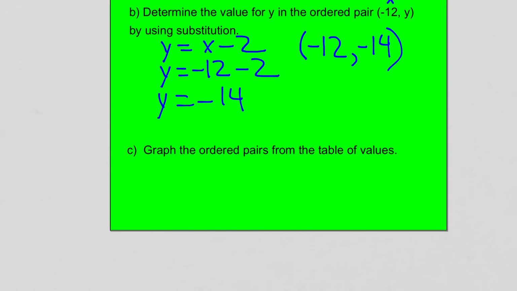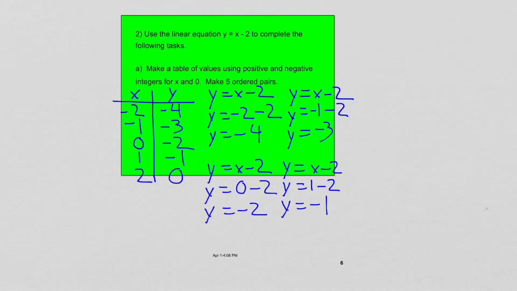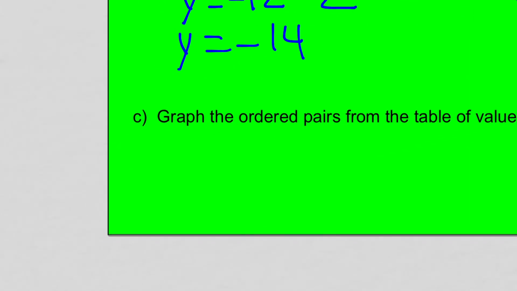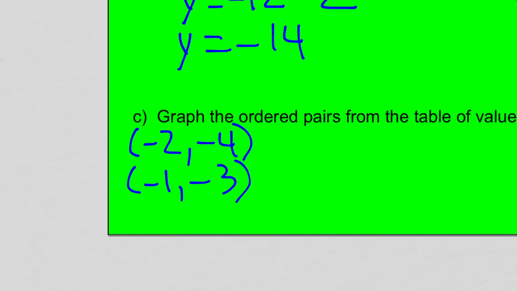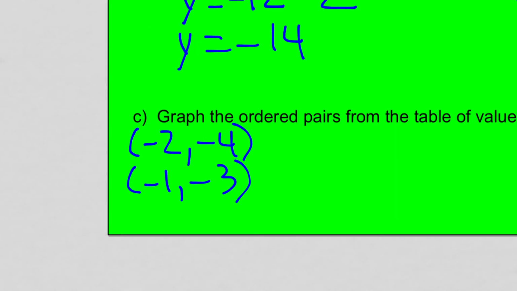Okay, the next thing, we're going to graph the ordered pairs from the table of values. So we're going to write the table of values numbers as ordered pairs. So I'll go back. The first one was -2, -4. Then I think we had -1, -3. I'll just go back and double check. Yeah, -1, -3. Then 0, -2.